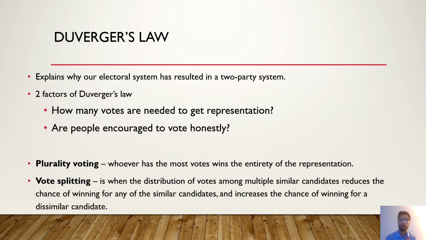Are people encouraged to vote honestly? So if you have to reach 40% to obtain any representation, and your true preference is a libertarian candidate, and there is a libertarian candidate in the race. There are three candidates in this race: the Democrat, Republican, and the Libertarian. But say, and this is just one example, I don't try and make these connections at large, but say the Republican candidate represents the libertarian perspective more accurately than the Democratic candidate.